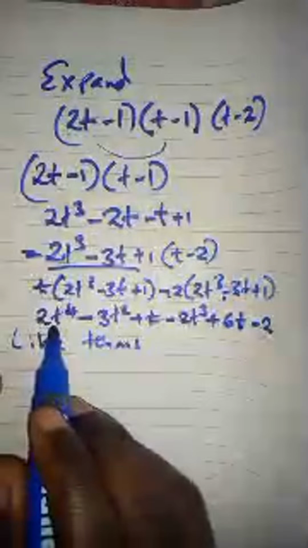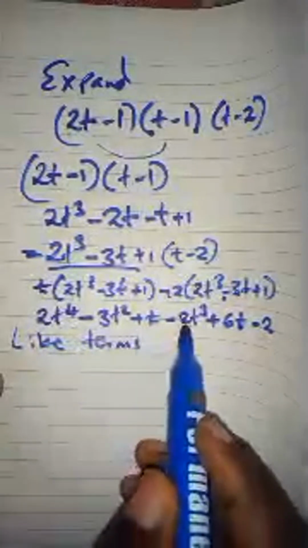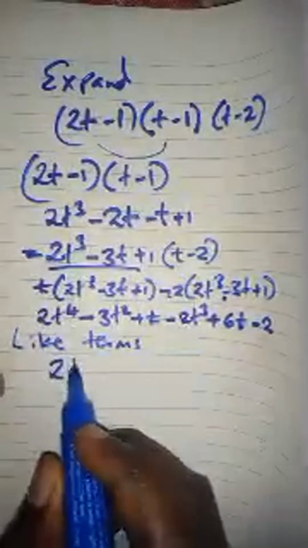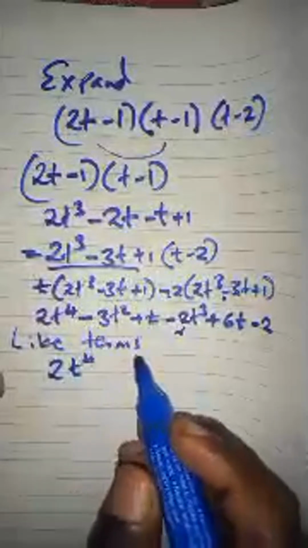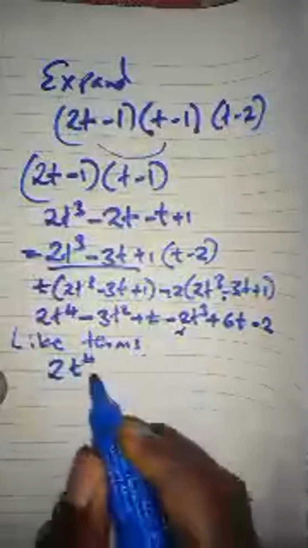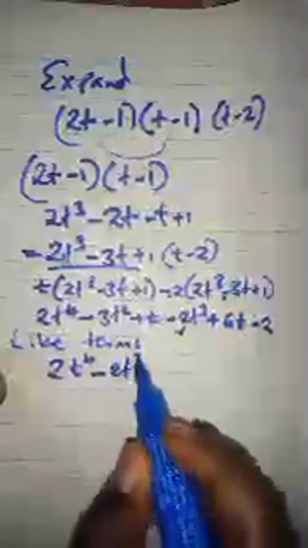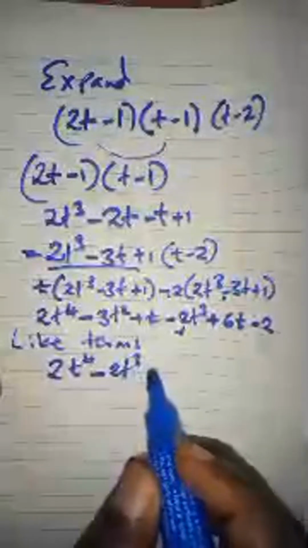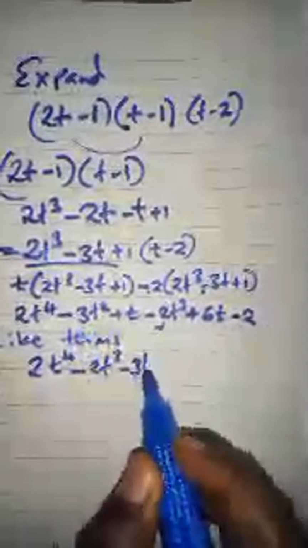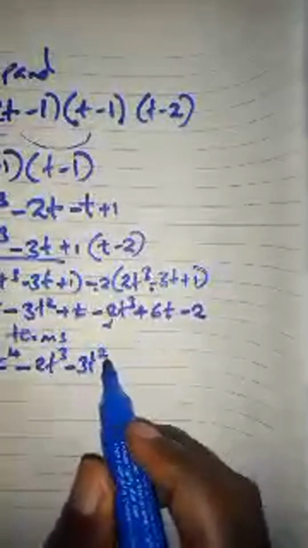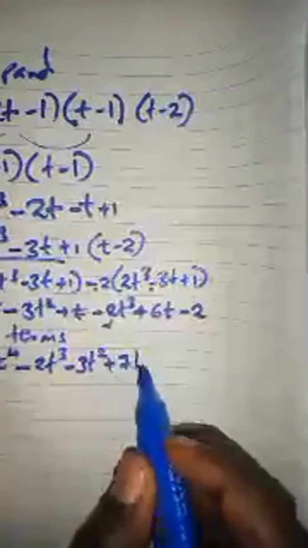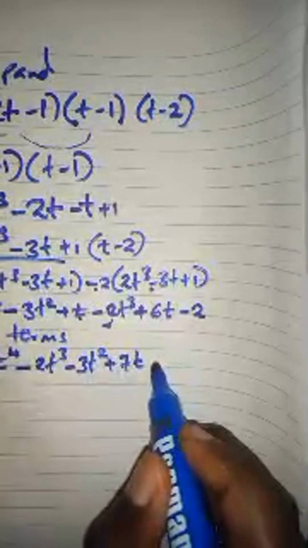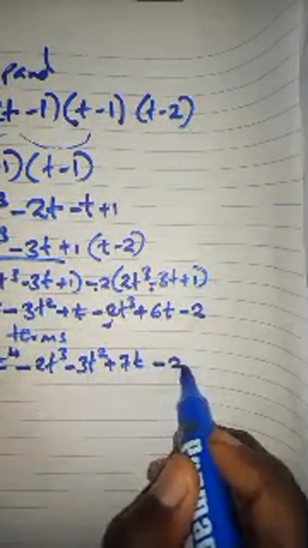now my like terms are t to the power 4, and this is power 4. Negative 2t to the power, minus 3t squared, and then t, and then finally I'll have minus 2.